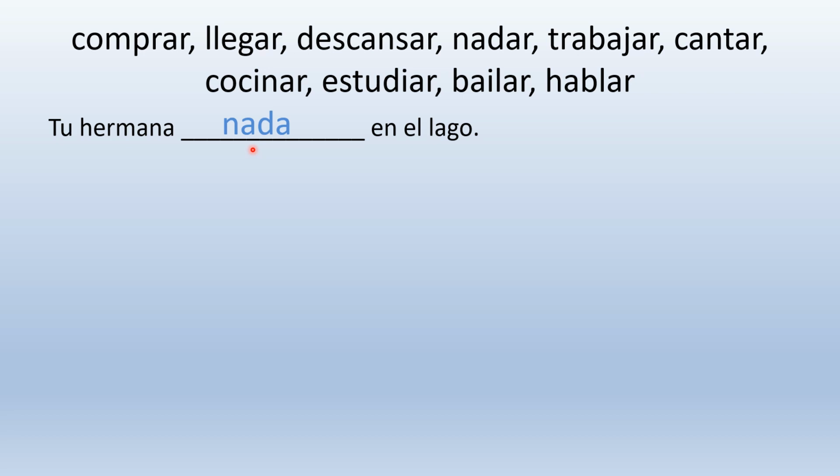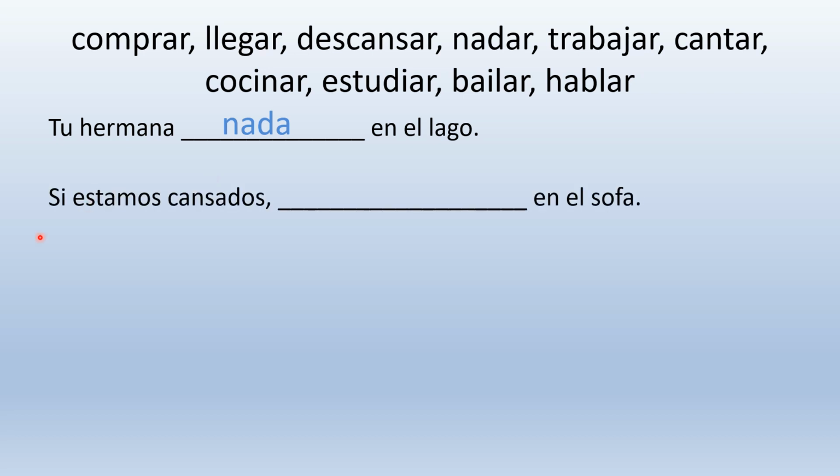And that is another meaning of the word nada. But in this example, it is a verb. Let's look at the next. Si estamos cansados. If we are, okay, so we have omitted nosotros because we don't need it, because we know estamos means we are.